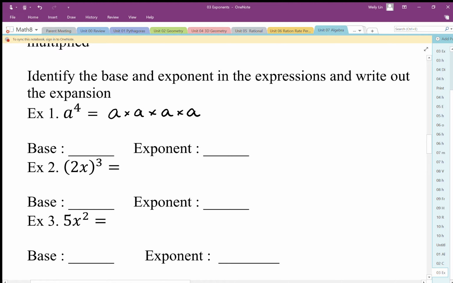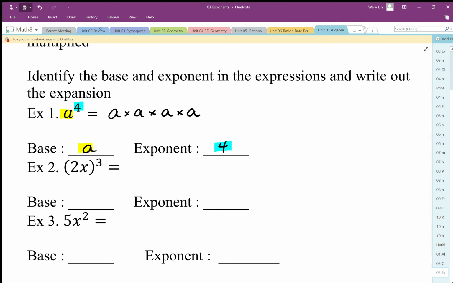And that's one way around some problems with exponents, that we can just convert it back to multiplication and deal with it for what we know is multiplication. Here the base was a, and our exponent is 4.